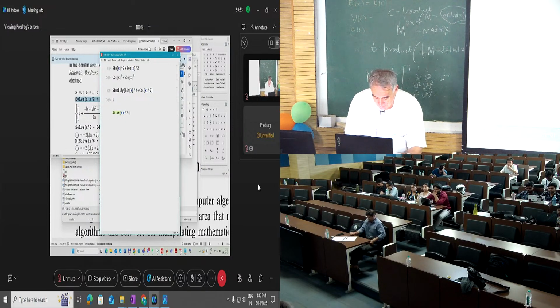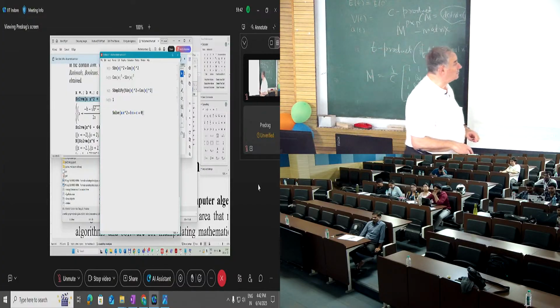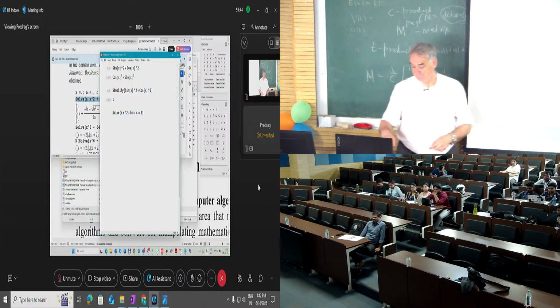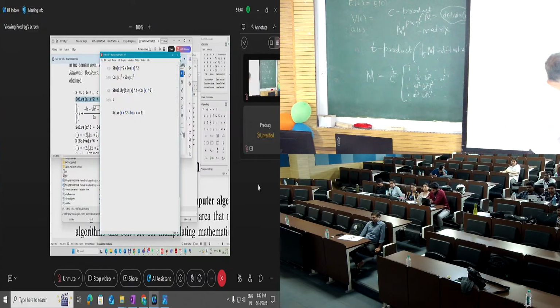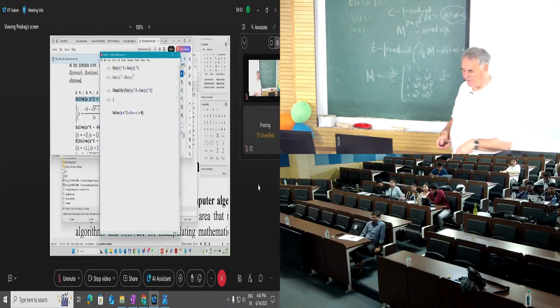Plus bx plus c equal 0. Two times equal here. If we put equal only once, it will be an assignment.